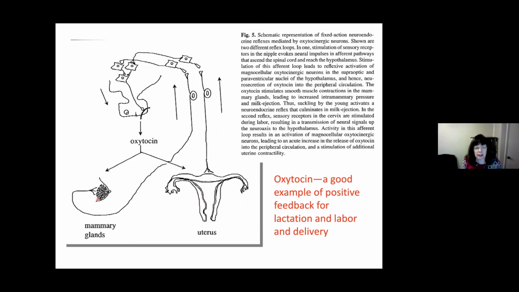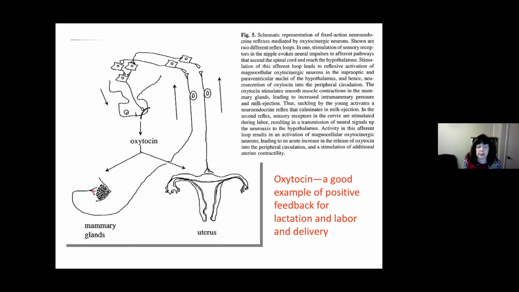In the case of suckling, all the baby has to do is grab onto the nipple and start to suckle. And that sends a neuronal signal back up all the way to the brain and to the oxytocin neuron, and says, okay, we need to get milk into the duct so the baby can eat.